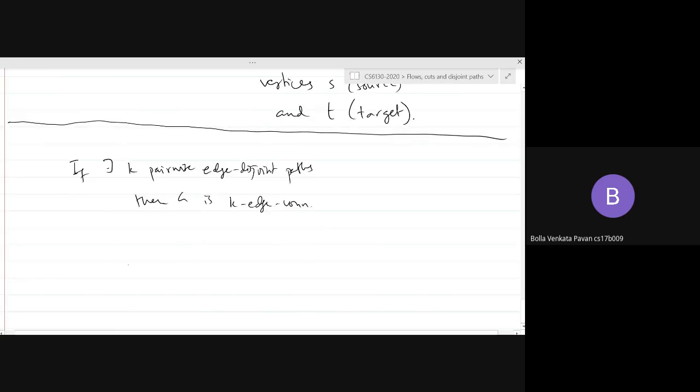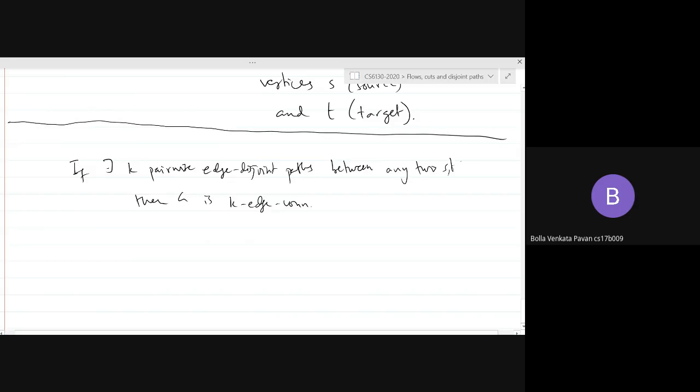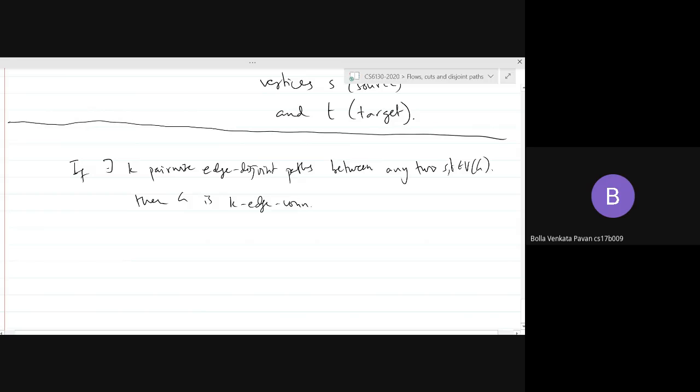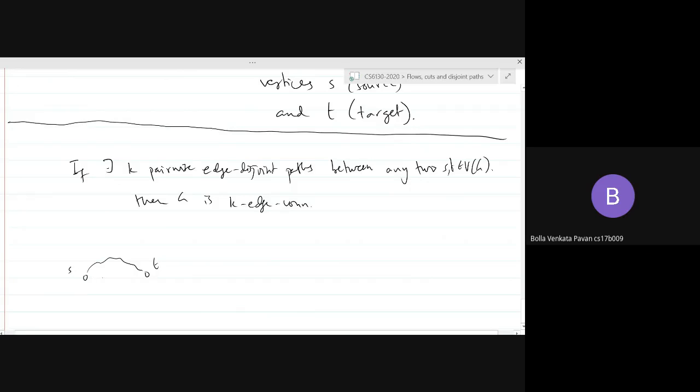As there are k edge disjoint paths, I want to label each edge in a path with some number 1 to k. I see. I have one question though. You're fixing an S and T, for any S and T. So between any S and T, we know that there are k edge disjoint paths. So should I call them P1 to Pk? Okay.